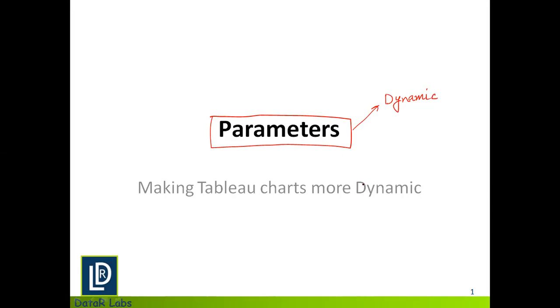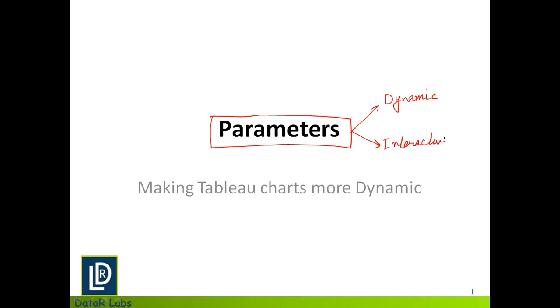So let's say a user passes on some value to the chart, and based on that value, the entire look of the chart changes. This is what I mean by a chart being dynamic. Now, this also means that the chart in Tableau is more interactive.